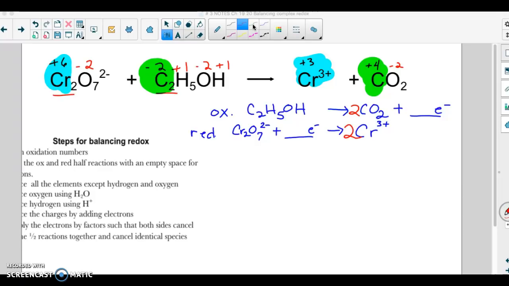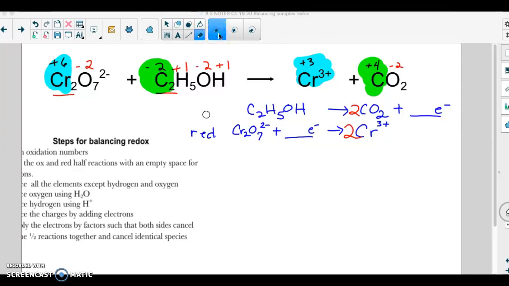So now I'm ready to balance the oxygens using water. So I have over here 4 oxygens, and here I have 1 oxygen. So I need somehow to get 3 more oxygens for this oxidation half reaction.